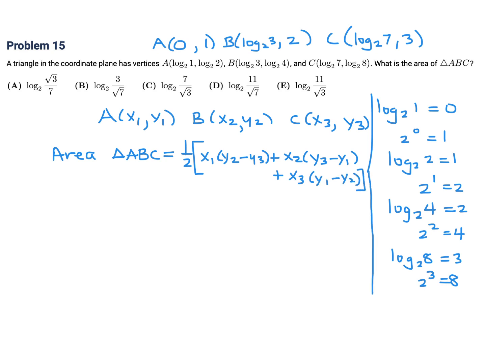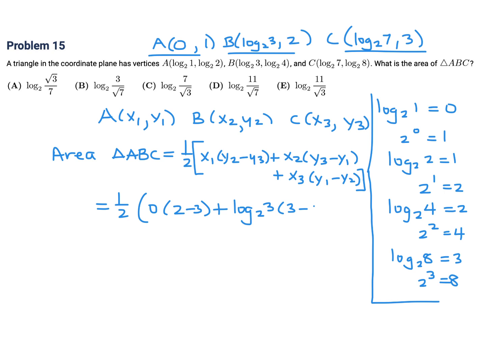Okay, so we will use these 3 points and just plug them in. So here we go, 1/2 times 0 times (2 minus 3) plus the log of 3 to the base 2 times (3 minus 1), plus the log of 7 to the base 2 times (1 minus 2). This probably should have been a square.